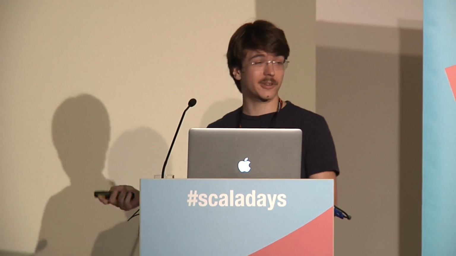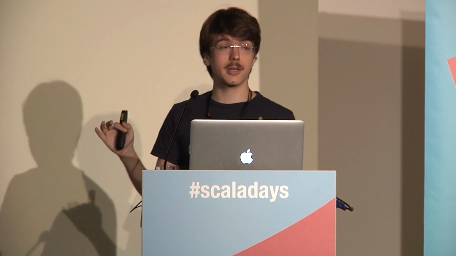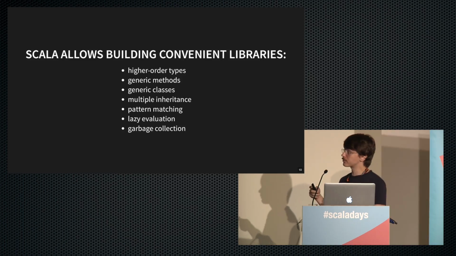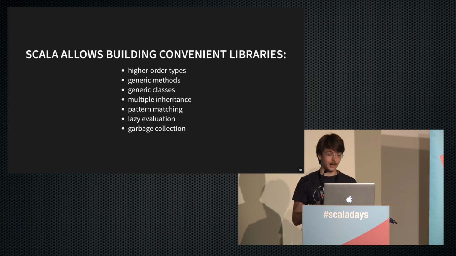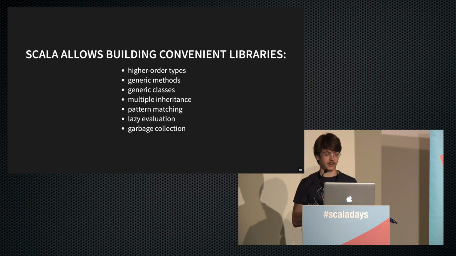I'm kind of looking at the worst case example here, to be honest, but the same thing happened on a smaller scale in all the Scala code. So the reason why these inefficiencies are there is actually good, because Scala is built to help you be productive.